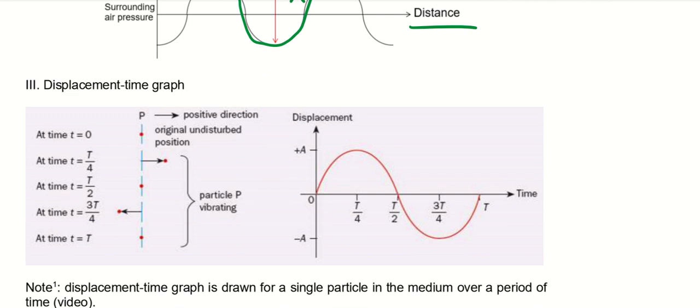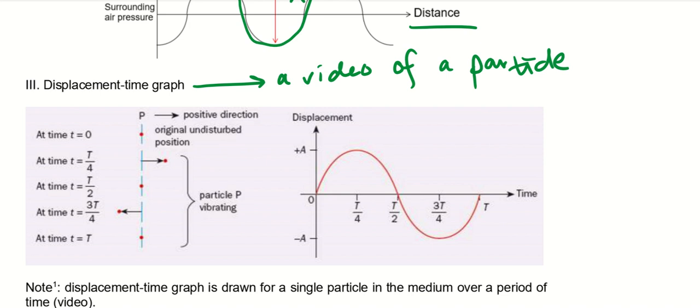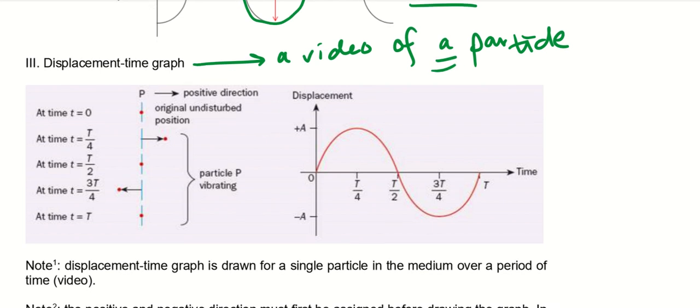The displacement-time graph is actually a video of one single particle. At time t equals 0, this particle is here. At t equals T over 4, that means one out of four steps, the first step, the particle is going to the right.